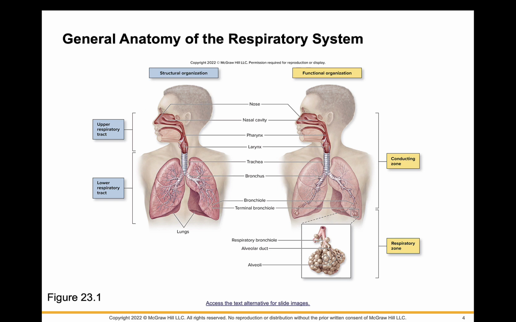This is actually referring to what processes are actually happening in these two different parts. In the conducting zone, we're looking at basically airway, nothing beyond the movement of air. There is no gas exchange, where gas exchange will be limited to the respiratory zone. And the structures that actually make up the respiratory zone are going to be the respiratory bronchiole, the alveolar duct, and the alveoli.